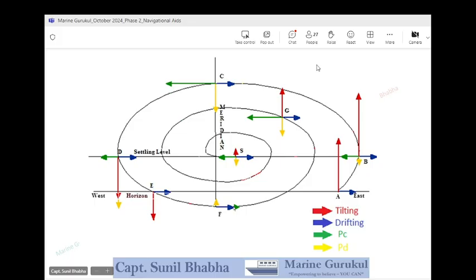And control precession, we know, is proportional to tilt, and control precession acts easterly when the tilt is down. Control precession acts westerly when the tilt is up. So since F point is the only one which is below the horizon, this is the only point where control precession is easterly. Okay, sir. Thank you. Great, beta. Very good.